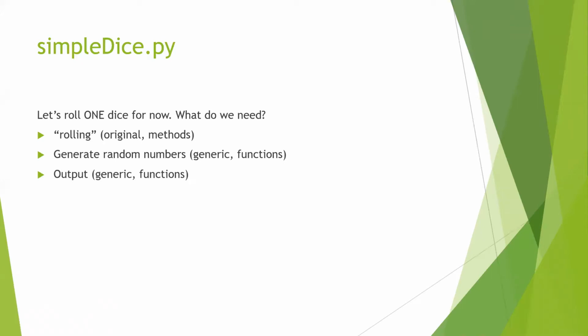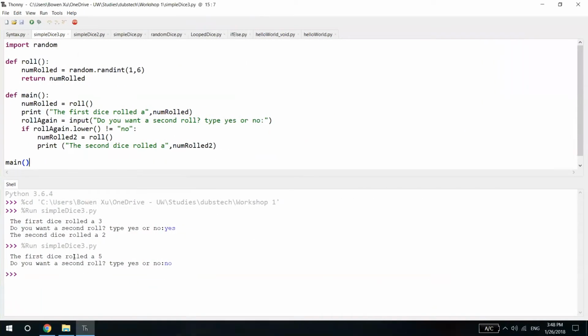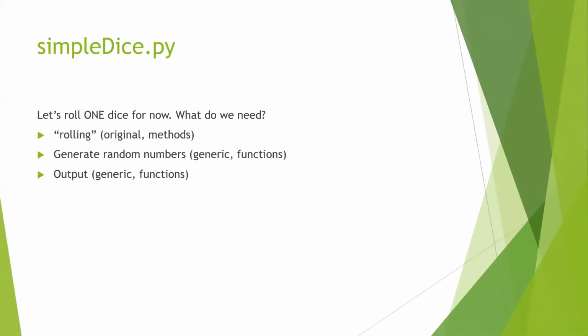And we also need this output functionality, where you output the number and the line saying what number you actually rolled to the console, so the user can see. It's this part right here. And that is also a generic functionality.